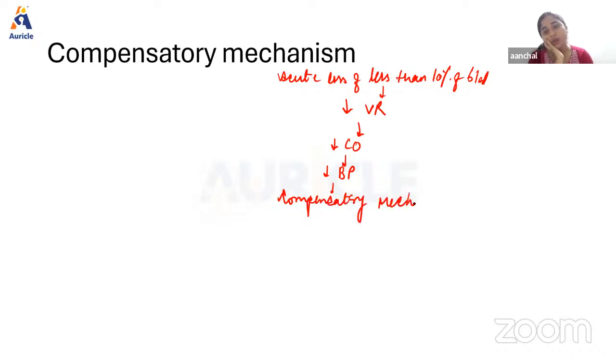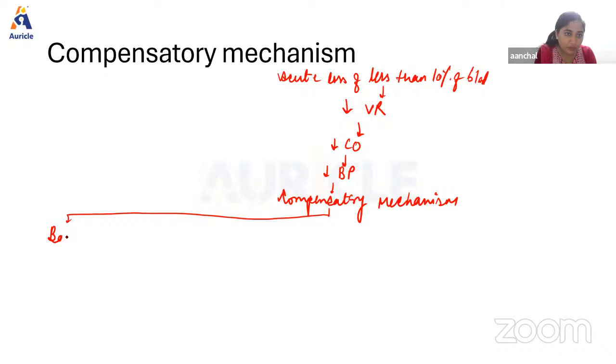Okay, now how do things get compensated? We're going to learn first the effect of baroreceptors. So first, the baroreceptor mechanism is there. Baroreceptors will lead to vasoconstriction.